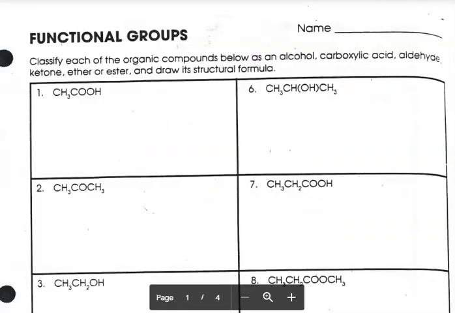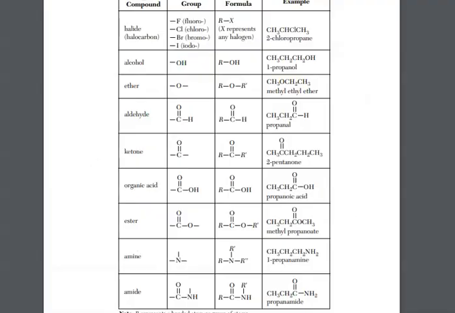The first thing you have to be able to do is identify what functional group you have. And if we take a look here, it's the elements other than carbon and hydrogen. And right here, we have 2 oxygens. So you go to the reference table. There are only 2 groups that have 2 oxygens, and it's either going to be an organic acid or an ester.